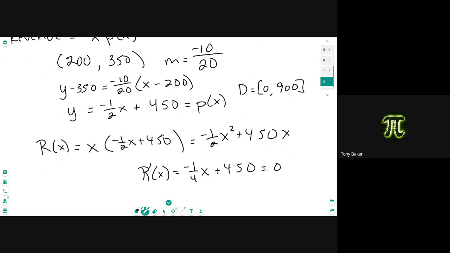Set that equal to 0. That was totally wrong. So X equals 450.